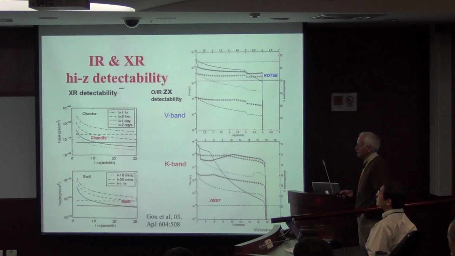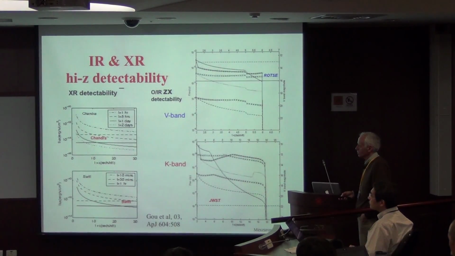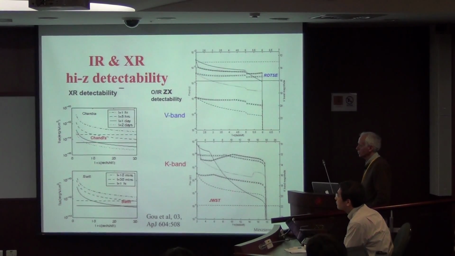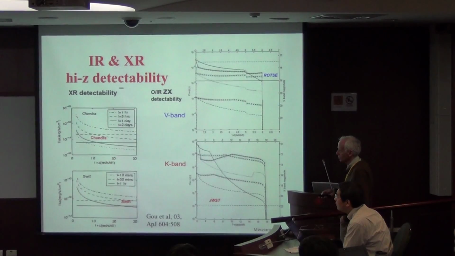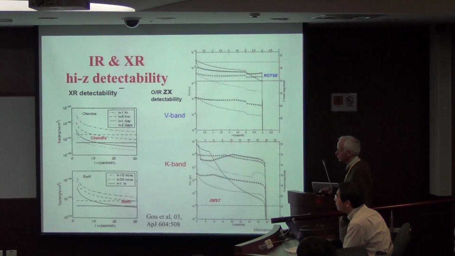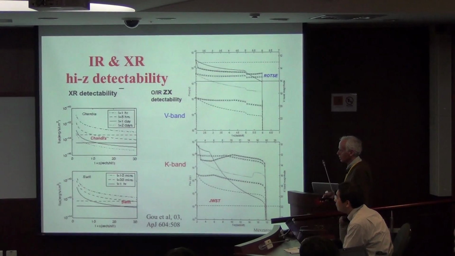The detectability, either with X-ray detectors, Chandra or Swift, is pretty good. So here's the Chandra limit, and this is what a typical burst would look like at high redshift. You can detect them up to fairly several hours.